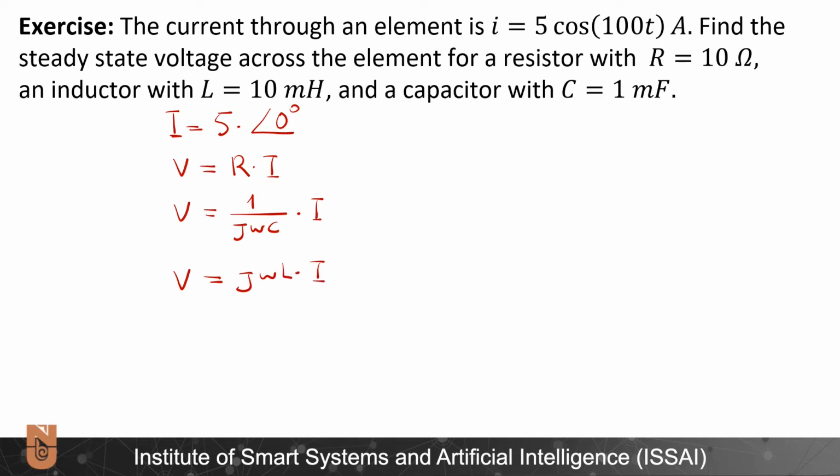And I will simply plug in the phasor for the current into these equations and find the output voltages in phasor notation, and later convert these to the time domain.